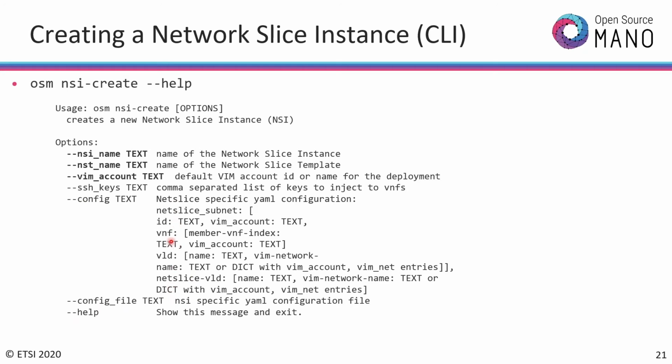You can pass this configuration from the command line, but the recommended procedure is to use the --config-file option and put the parameters there, because sometimes it's difficult to compose the JSON in the command line with all the options without making errors.